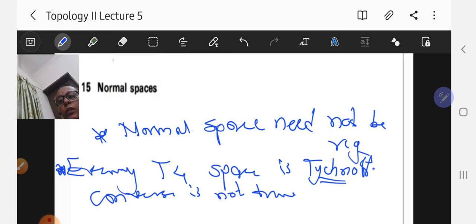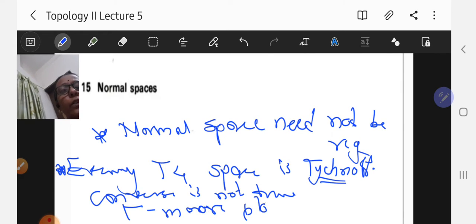And for this, here we take the example of again the Moore plane, that is gamma. This Moore plane is a Tychonoff space, but this is not a T4 space. That is, T4 space means normal T1 space.